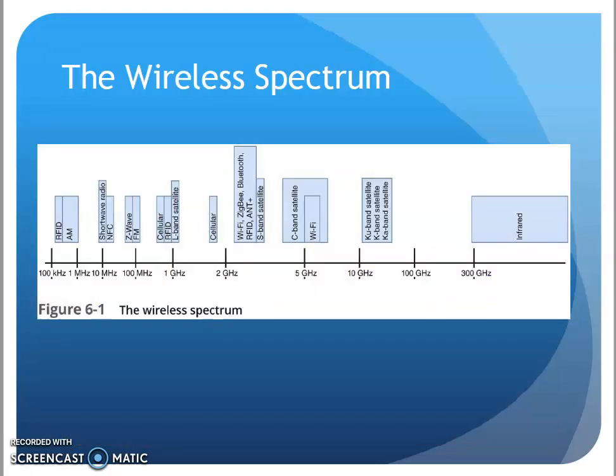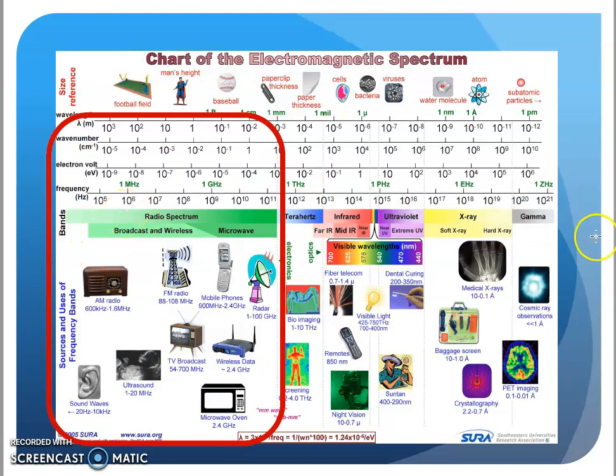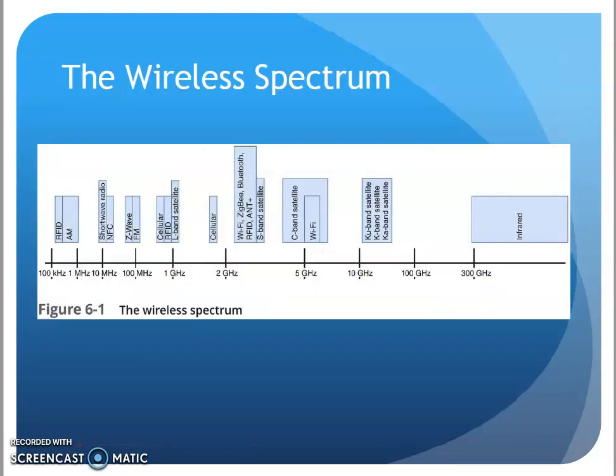If I take this piece down here and break it out further, this is what the book has in there for you, showing you where these different technologies fall in the frequency band. It's pretty easy to see that this was organized and laid out so that certain things happen in certain bands. Starting down here, RFID, AM radio, near field communication.